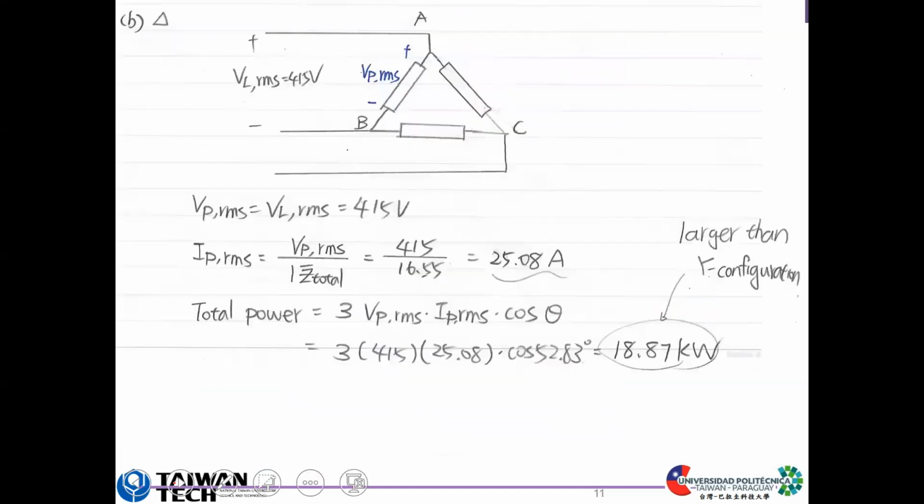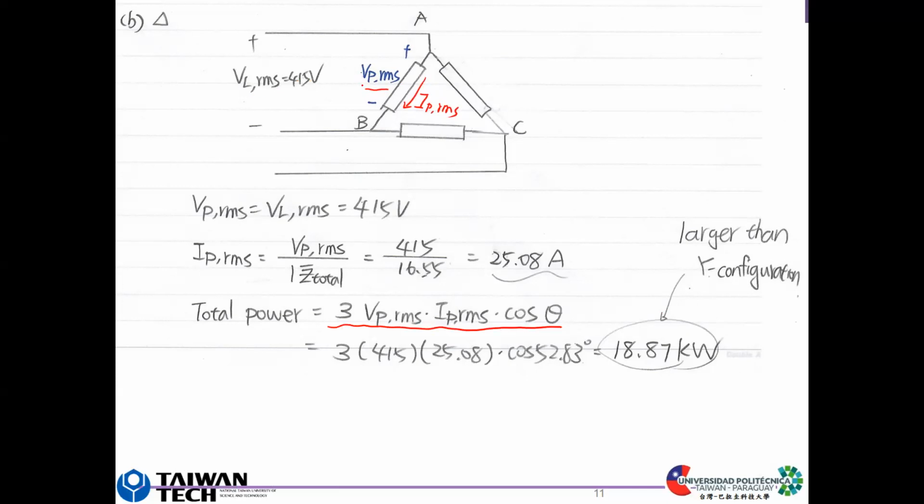And let's calculate the total power of a delta configuration. Same thing here. We calculate VPRMS and IPRMS. Once we have phase voltage and phase current, we can apply this formula regardless of whether it's Y or delta.